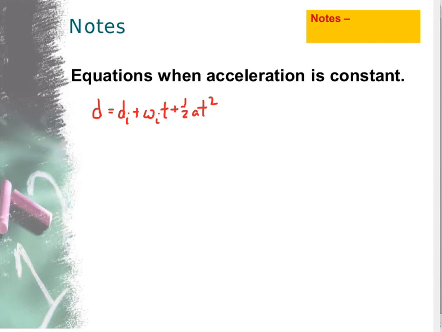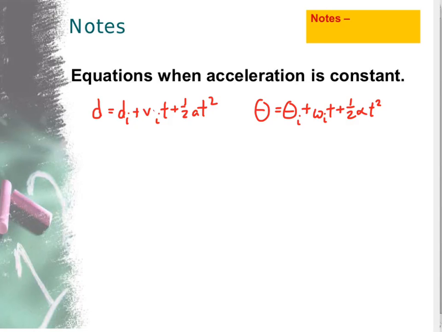You can also write for angular acceleration, theta equals theta i plus, oh, I put an omega in there, didn't I? That omega doesn't belong there. That should be a v. I'm already getting them mixed up. Omega i times t plus 1/2 alpha times t squared.